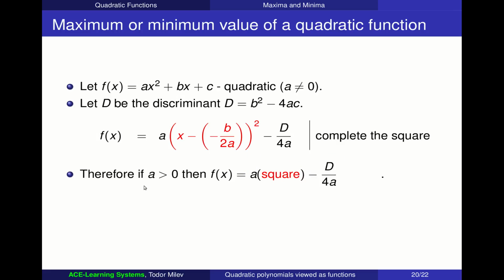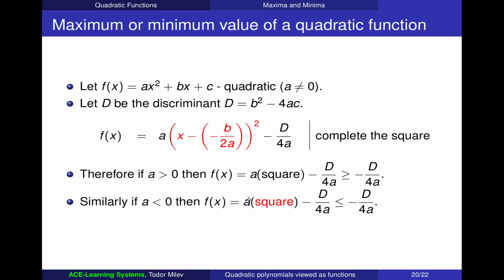So once again, if this a here is greater than 0, then this entire expression is nonnegative. So the smallest that this quantity can be is when a times the square is equal to 0. Because the square cannot be negative, the smallest it can get is 0. So the quantity that I have boxed here can never drop below negative d over 4a.